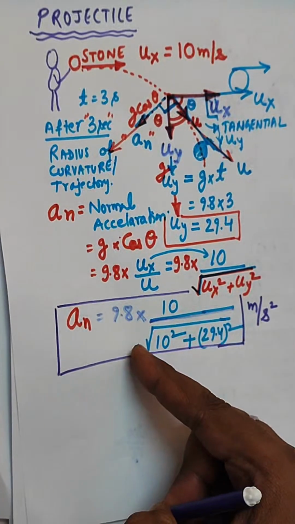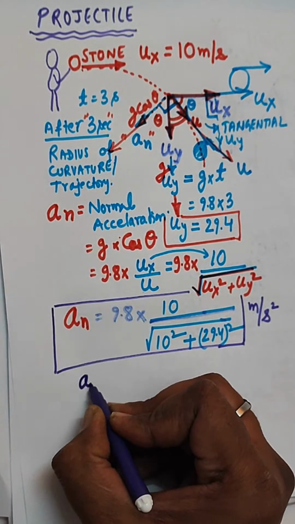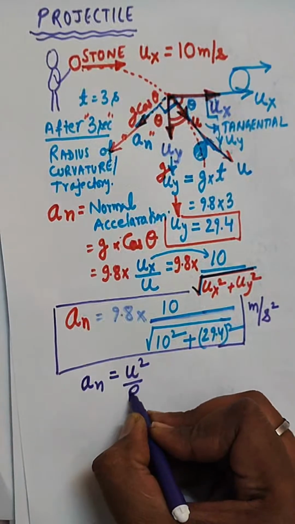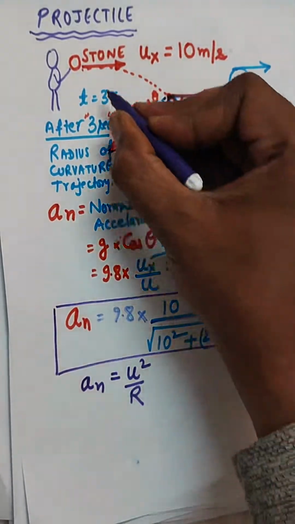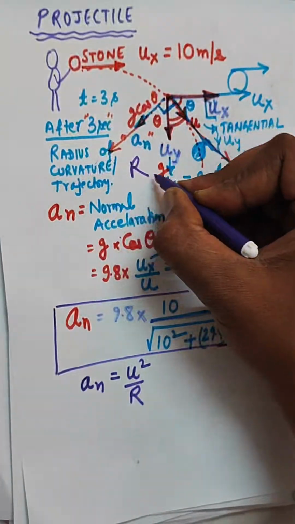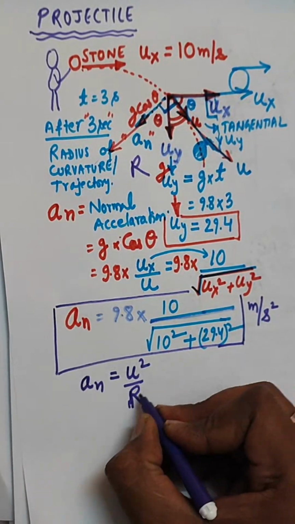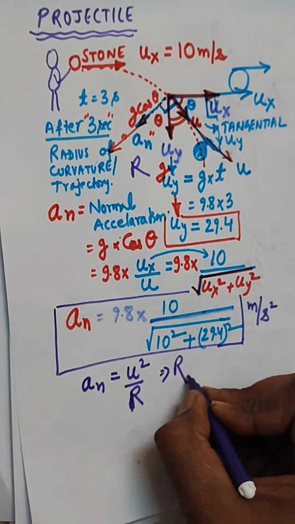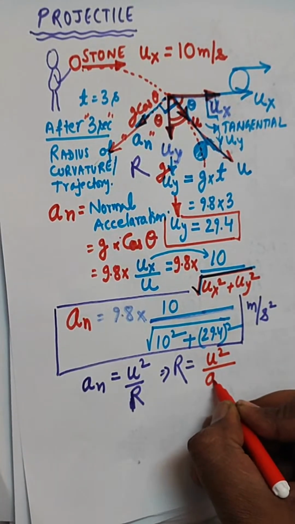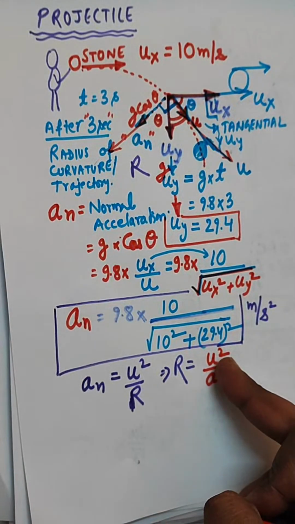Now from this we know the acceleration is given as u square by r. This is the radius of the trajectory. This circle is forming with some radius r, right? So this r can be written as u square by an, right? And we know the value of u square.